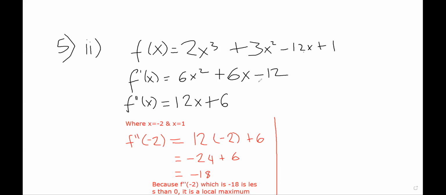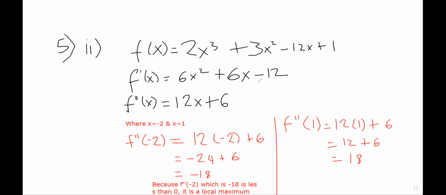Now we say, all right, f double prime, where x is equal to 1, is equal to 12, where x is equal to 1, plus 6, is equal to 12 times 1 gives us back 12 plus 6, that gives us back 18.